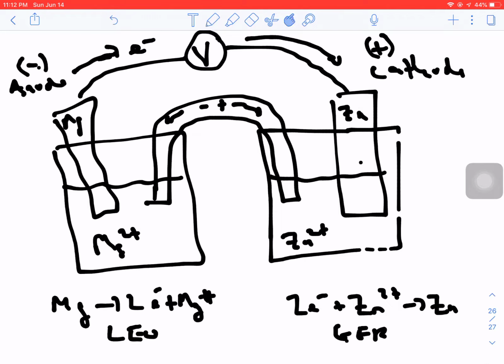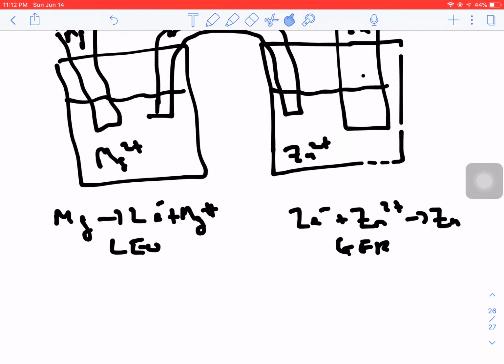And then the last thing it asks me, so I've identified direction of electron flow, direction of ion flow, I've labeled the anode and cathode, I've written out my oxidation and reduction half cells, and lastly it says, what is my overall reaction? Well, I've got a magnesium on the left and a zinc 2+ on the left.